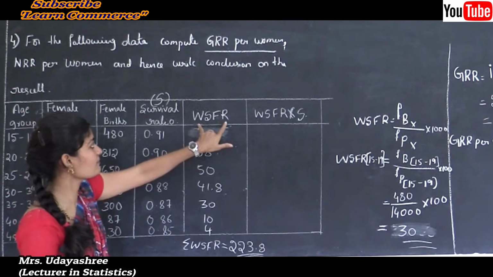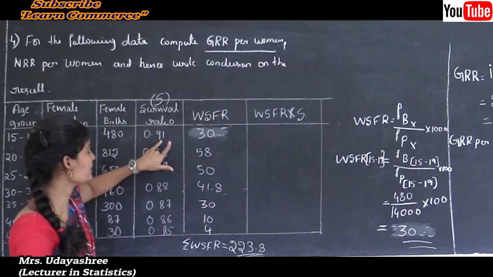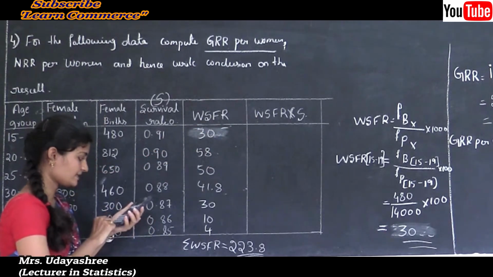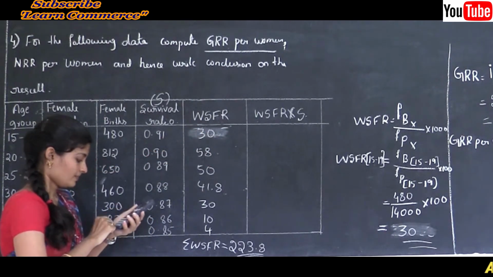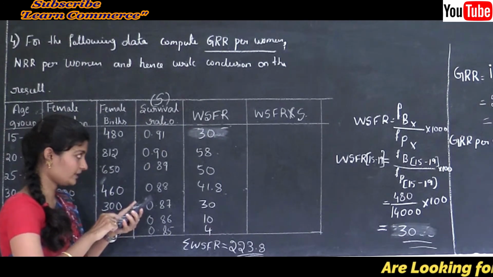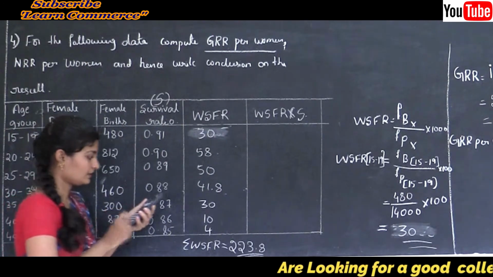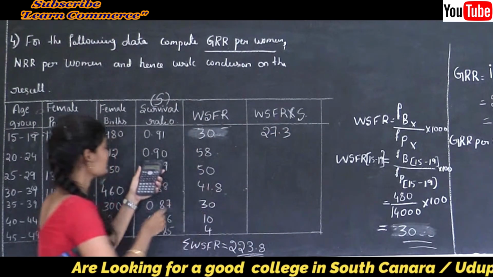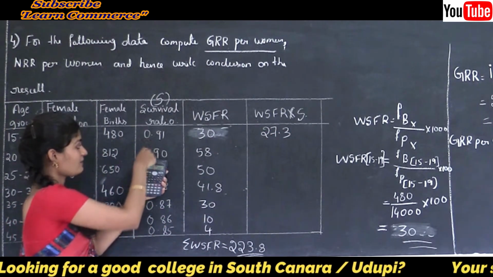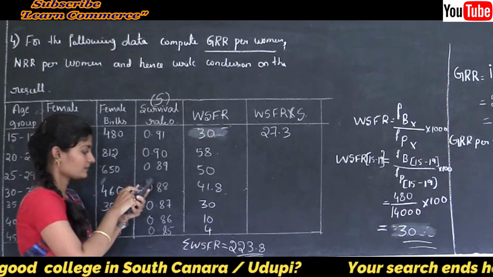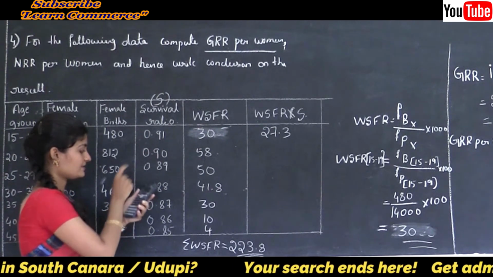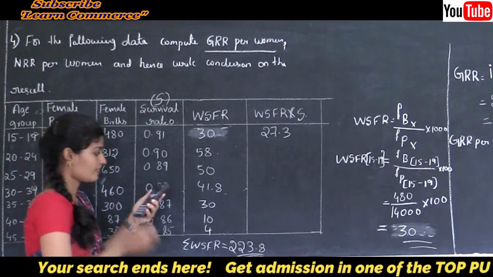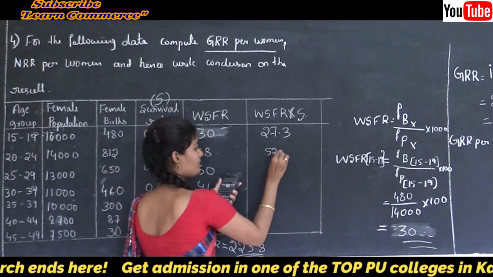Now see here, the survival ratio is 0.91 and WSFR is 30. So that is 0.91 into 30, that is 27.3. Okay, next, the second survival ratio is 0.90 into 58, that is 52.2.